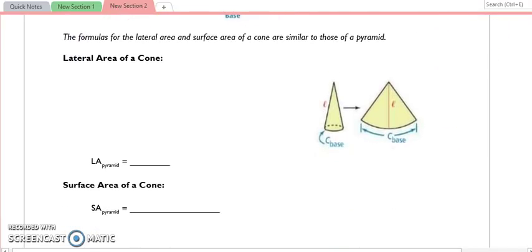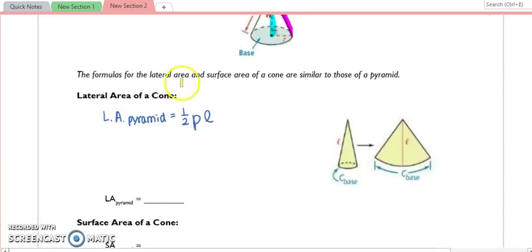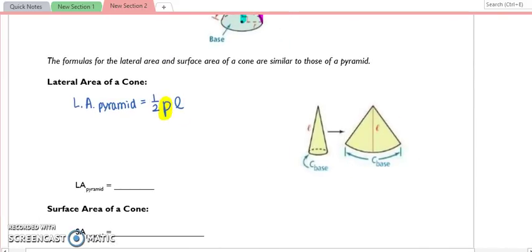Okay. Now, the lateral area of a cone is also going to come from the pyramid, just like the cylinder came from our prism. So keep in mind the lateral area of a pyramid is 1/2 the perimeter times the slant height. Now, the only thing that is different is that when we're working with circles, okay, we have a different name for perimeter.